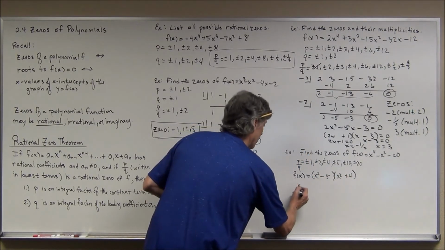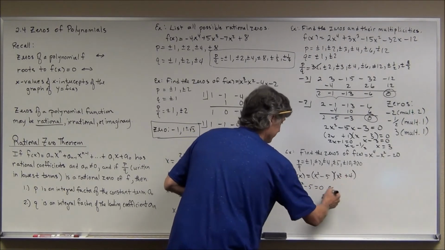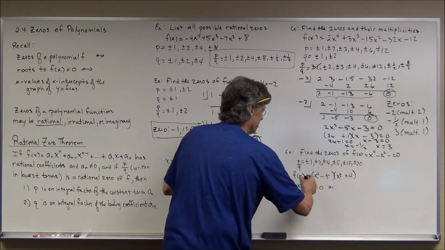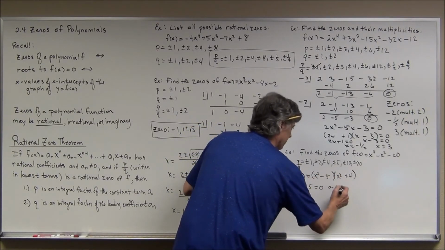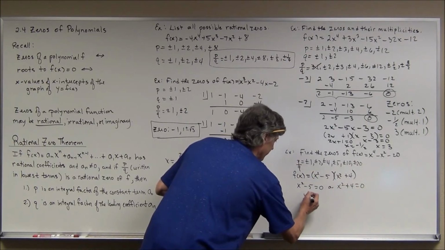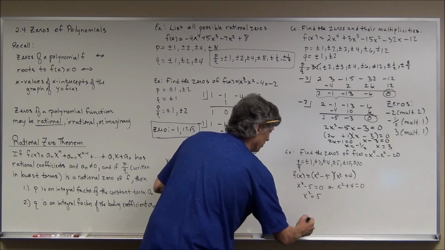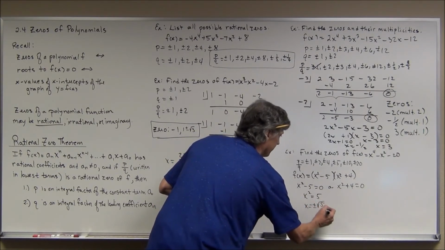I said x squared minus 5 equal to 0. I know you can do some fancy square roots of 5 and stuff, but I'm just going through the process here, and I said x squared plus 4 equal to 0. Add 5, take the square root, absolute value, I get x equals plus or minus the square root of 5.